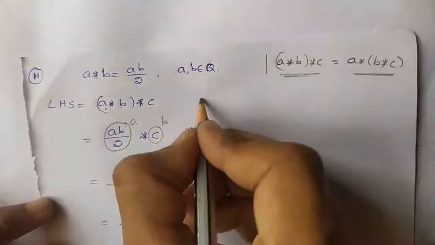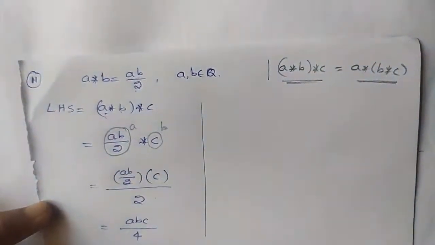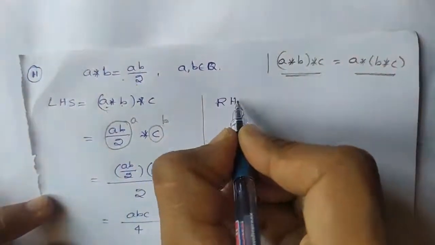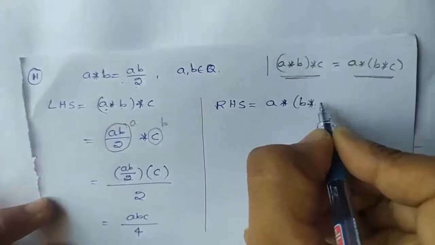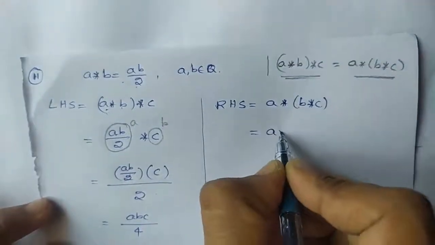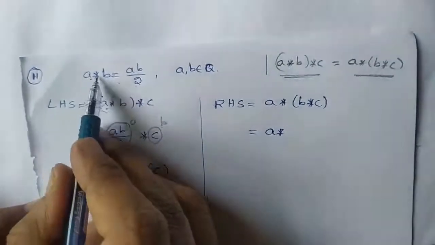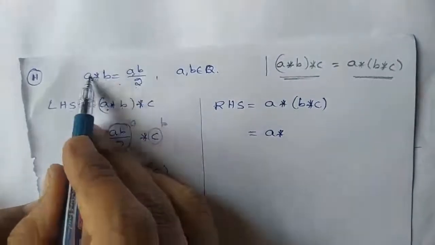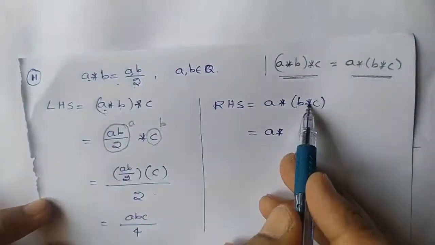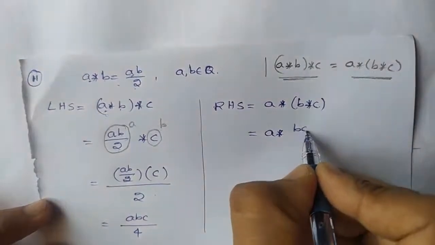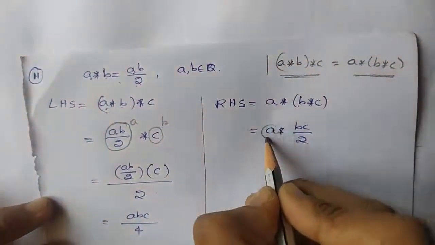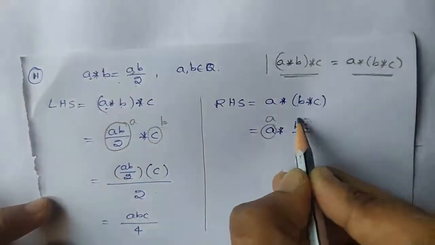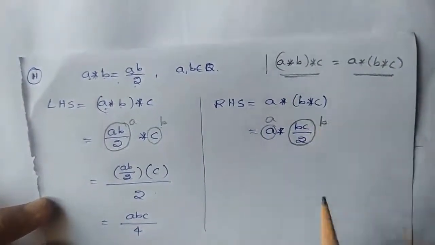Similarly find out RHS. RHS equals A star B star C. B star C is BC by 2. In place of A we have A only, in place of B we have BC by 2.